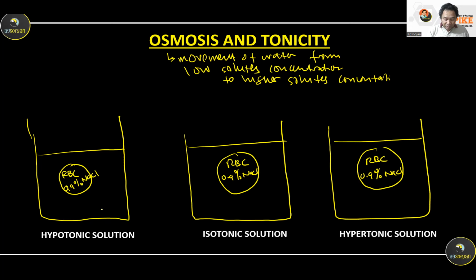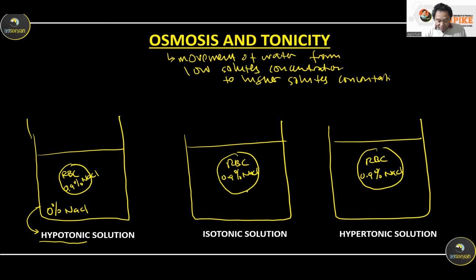In the first container, we do not put any salt, so this is 0% salt. Because the solution has less concentration of sodium chloride, it is called a hypotonic solution, the solution that has less solute concentration.